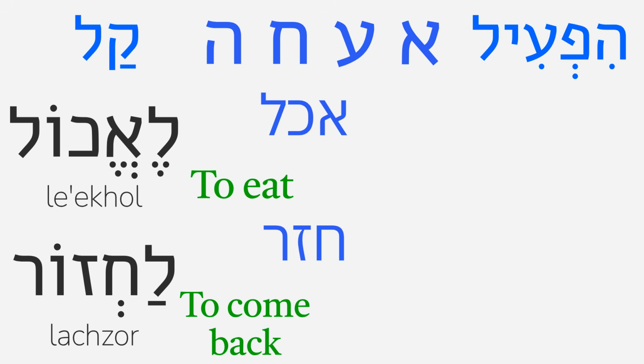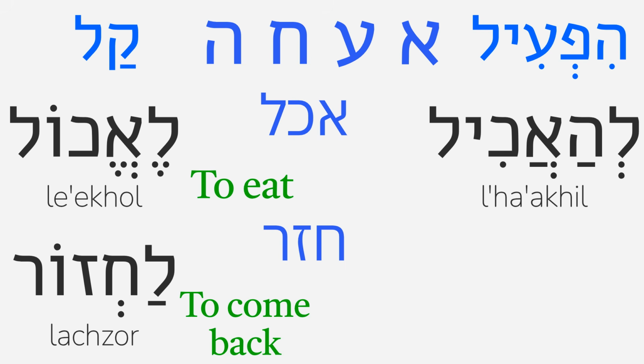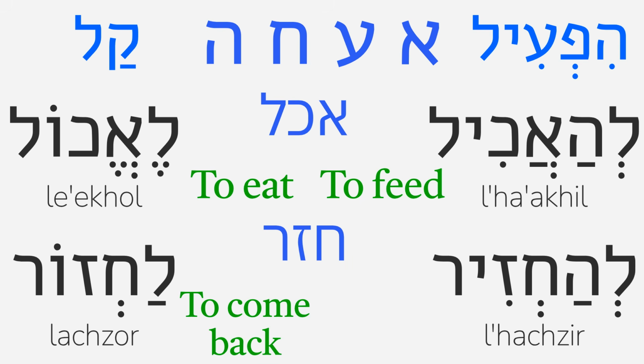Both of these roots are also used in the Hiphil. Aleph kaf lamed makes the verb laha'achil, to cause to eat, that is, to feed, and chet zayin resh makes lahachzir, which means to cause to come back, that is, to return something.